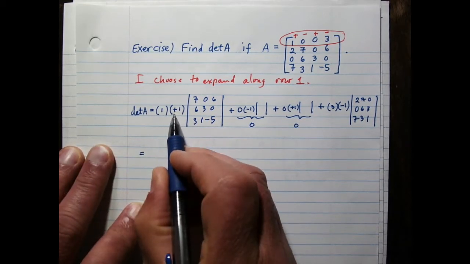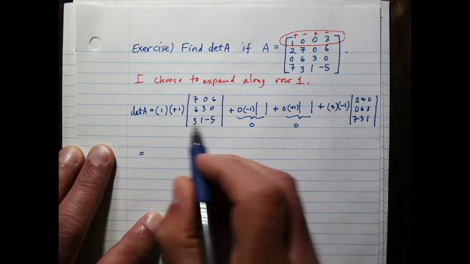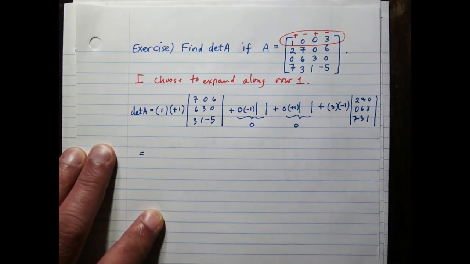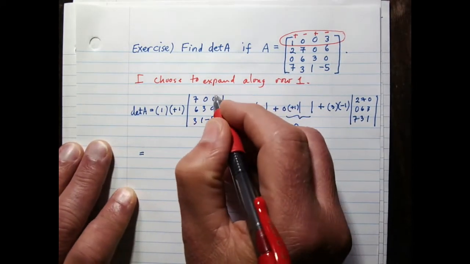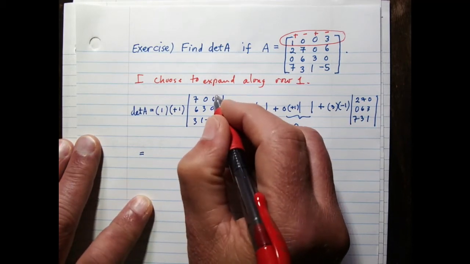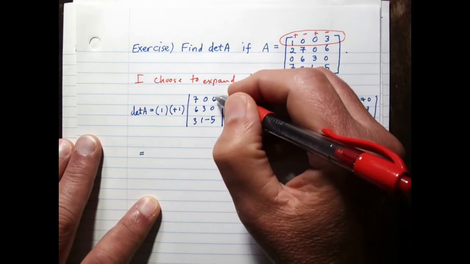So 1 times 1 is 1, of course. So I'm just going to start calculating this determinant now. Now this is another problem, and I have to choose a row or column to expand along. And since I can't do better than 1, 0, I'm just going to pick the first row again.